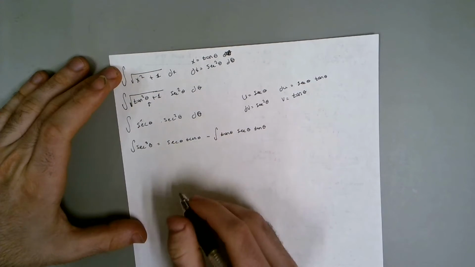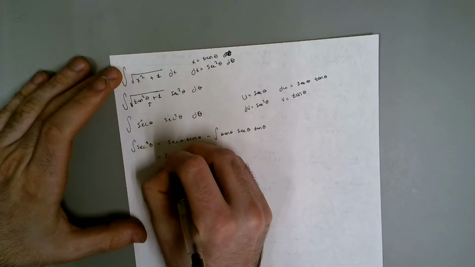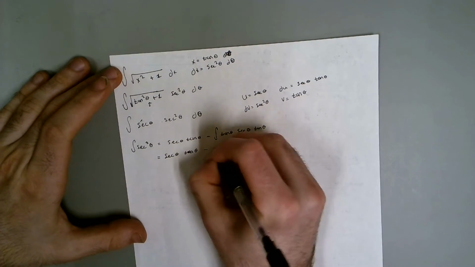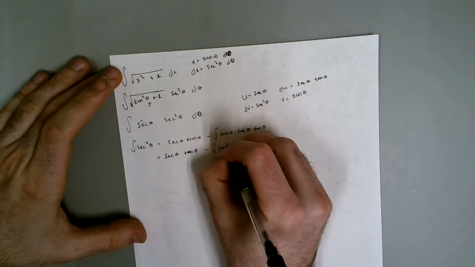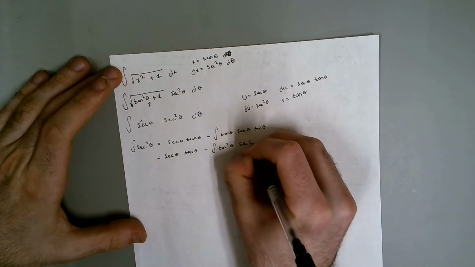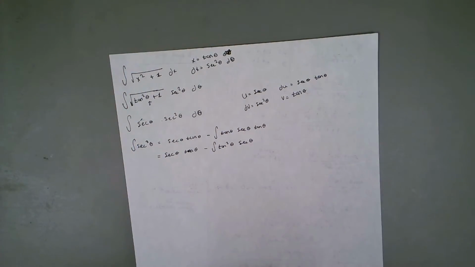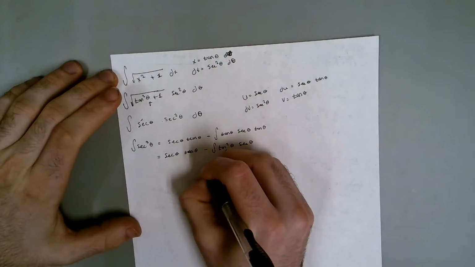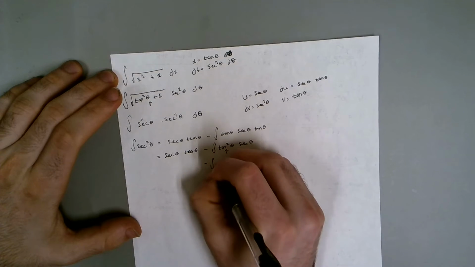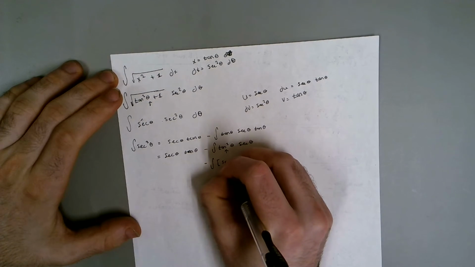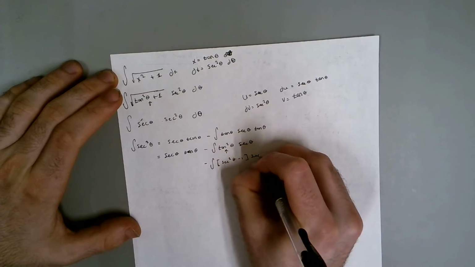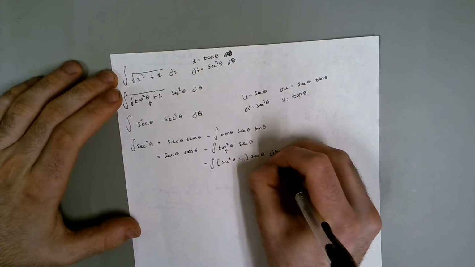So we have a tangent squared theta is equal to secant theta tangent theta minus tangent squared theta secant theta. Now it's kind of difficult to see where we ought to go from here, but if we use our trig identity, we get minus the integral of secant squared theta minus 1 secant theta d theta.